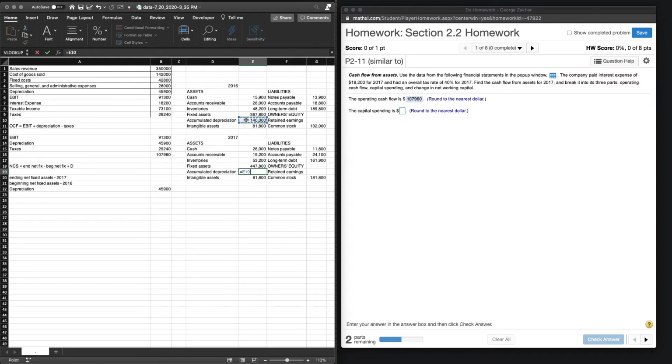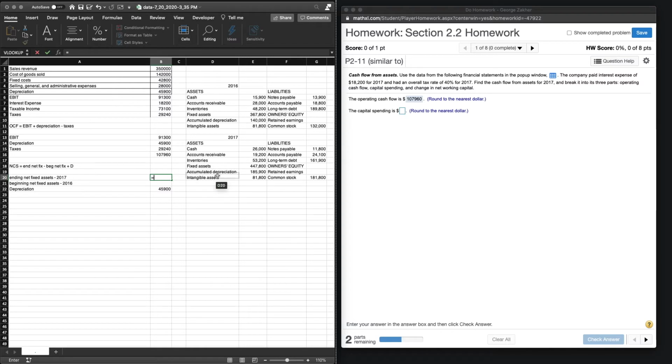Once we have that, we're simply going to subtract accumulated depreciation from our fixed assets in order to get our ending net fixed assets. And we can do that.